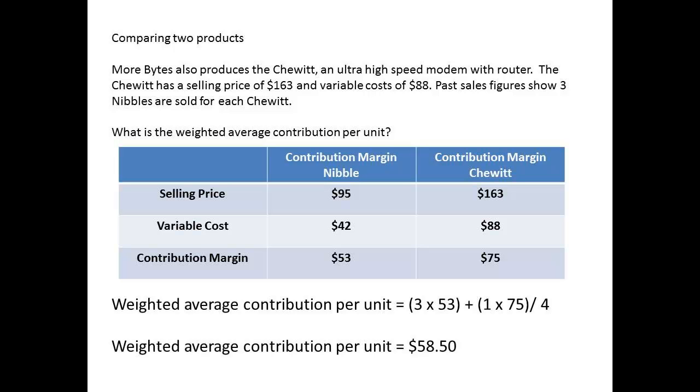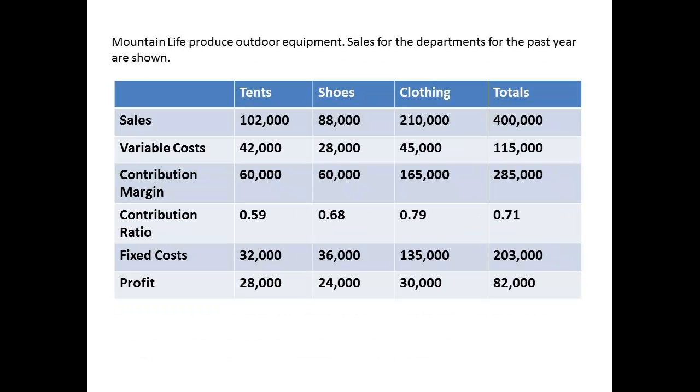The weighted average contribution is the sum of 53 times 3 and 1 times 75. Then this total is divided by 4. This gives us a weighted average contribution per unit of $58.50.